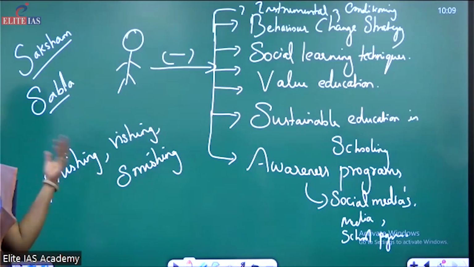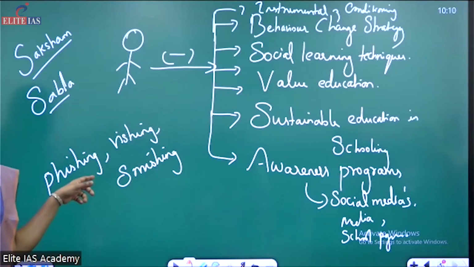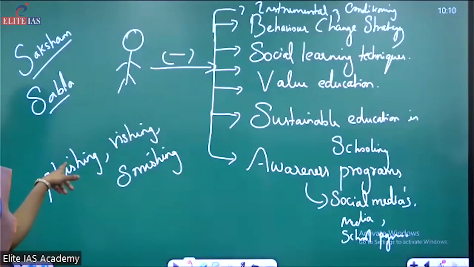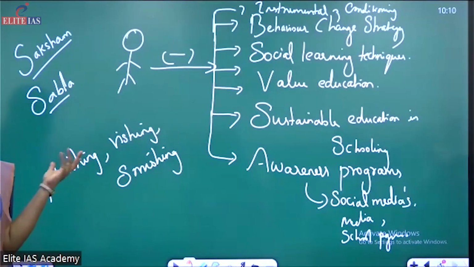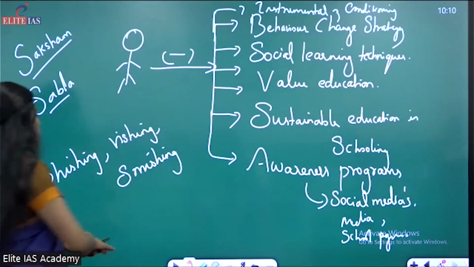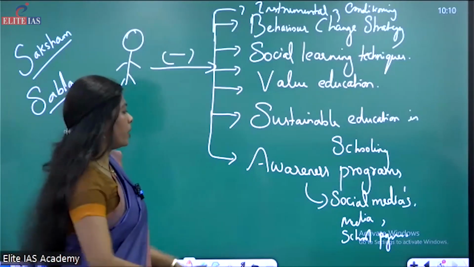How? Through vishing, through fraudulent phone calls, and similarly fraudulent text messages. These are some of the terms you have to look into if they come in the paper, because in current affairs they may ask related to computer knowledge. So keep in touch with that. He doesn't know how he lost it.